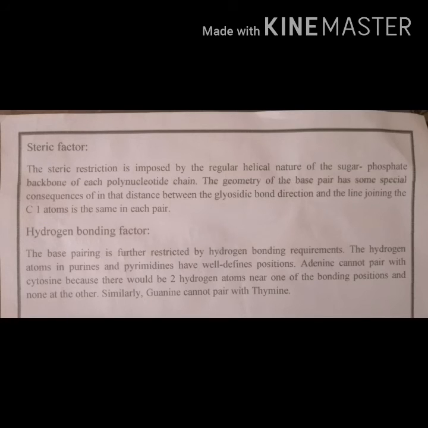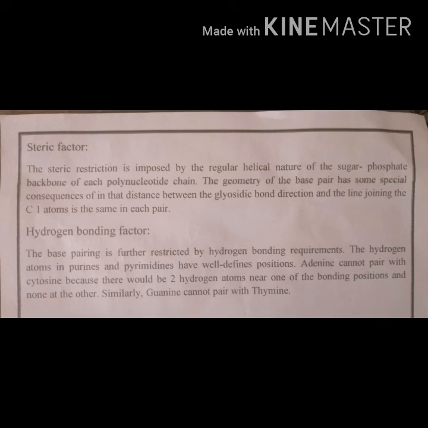The regular helical nature of the sugar phosphate backbone of the polynucleotide chain is the first reason for the steric restriction. Next, the geometry of the base pair has a special consequence, in that the distance between the glycosidic bond direction and the line joining the first carbon is the same in each pair. Next is the hydrogen bonding factor. The base pairing is further restricted by hydrogen bonding requirements.